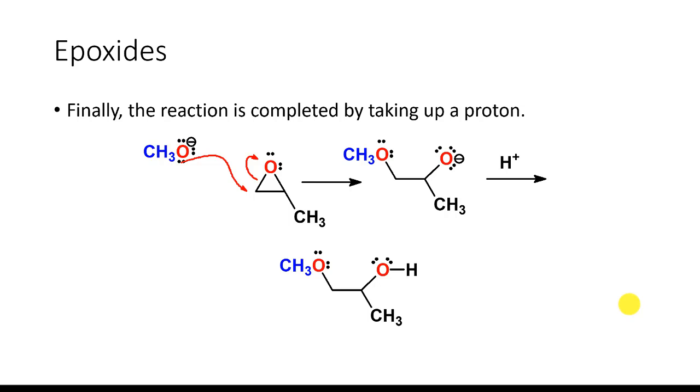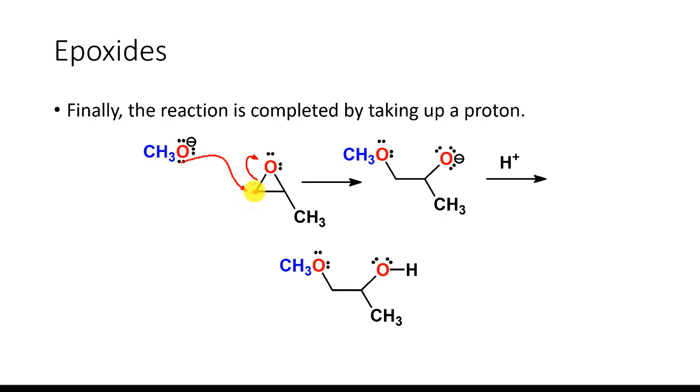Under negatively charged conditions, under basic conditions, the nucleophile comes in and attacks this less substituted side because as it comes in and brings a negative charge, the less substituted side is more able to accommodate the negative charge.